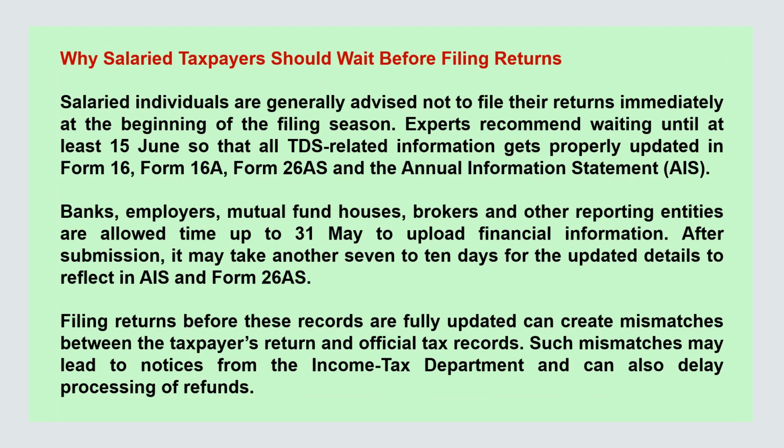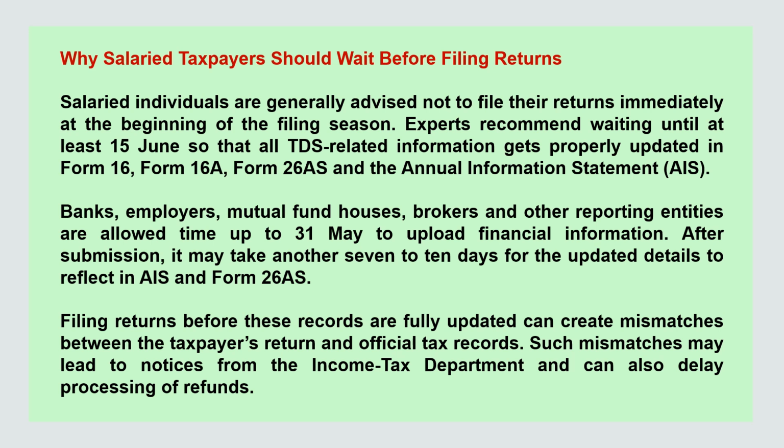Why salaried taxpayers should wait before filing returns. Salaried individuals are generally advised not to file their returns immediately at the beginning of the filing season. Experts recommend waiting until at least 15 June so that all TDS-related information gets properly updated in Form 16, Form 16A, Form 26AS, and the Annual Information Statement (AIS).